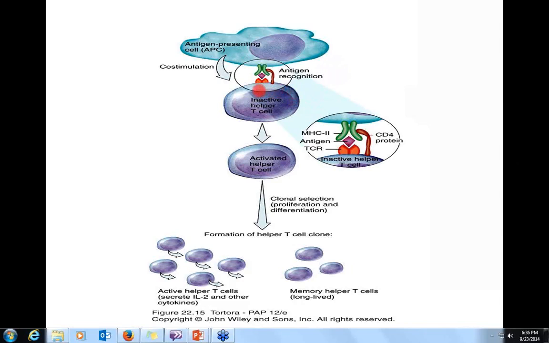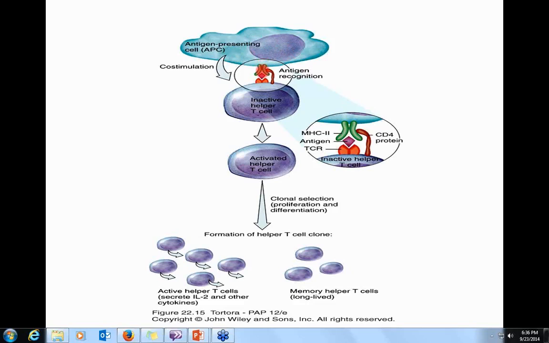Okay, here is your inactive T helper cell. And we're going to go to this drawing down here. On the inactive helper cell, you have TCR, which is the receptor for a particular antigen, and you have the CD4 protein. Remember, the CD4 is the protein that determines that this is a helper cell, and all helper cells display it. Up here is the antigen presenting cell.